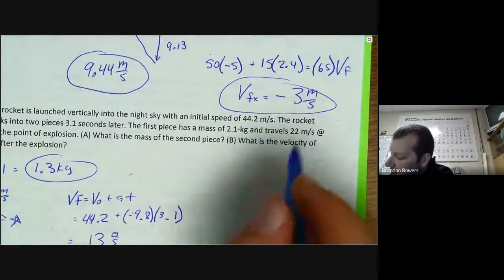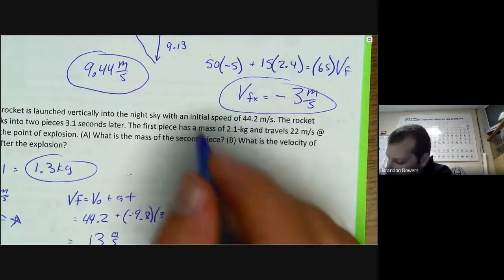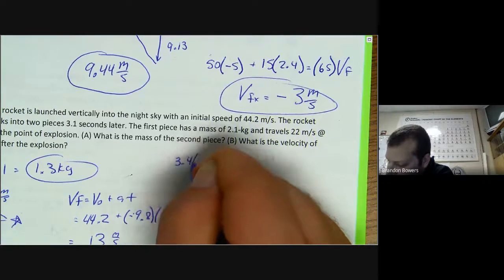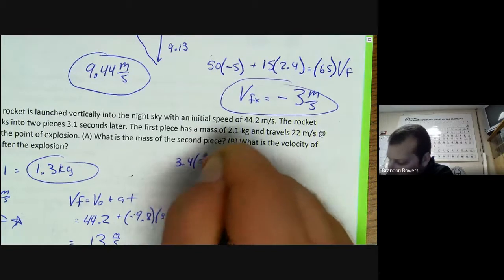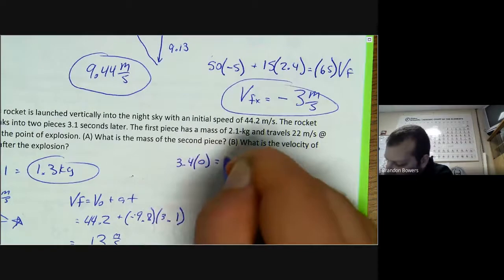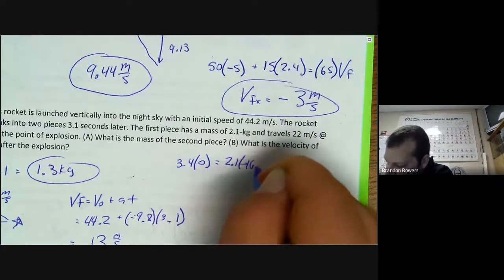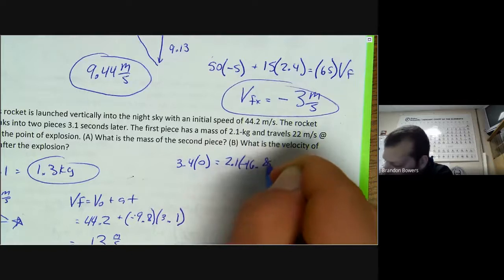So let's do the x initial. The combined mass is 3.4. In the x direction, it's not going anywhere. So the one piece, 2.1, is traveling at negative 16.85.